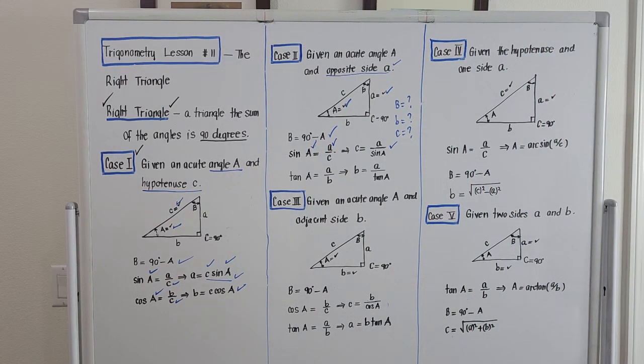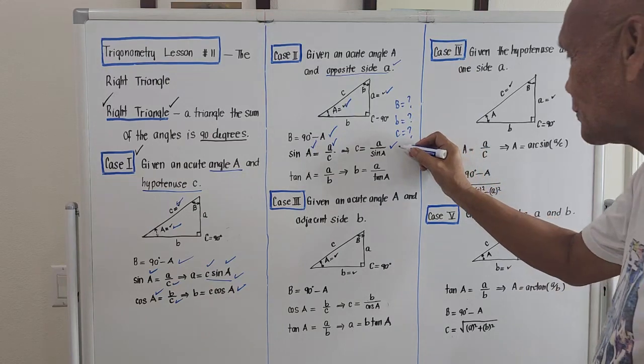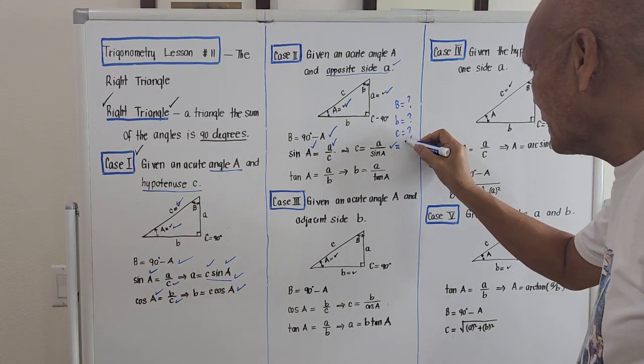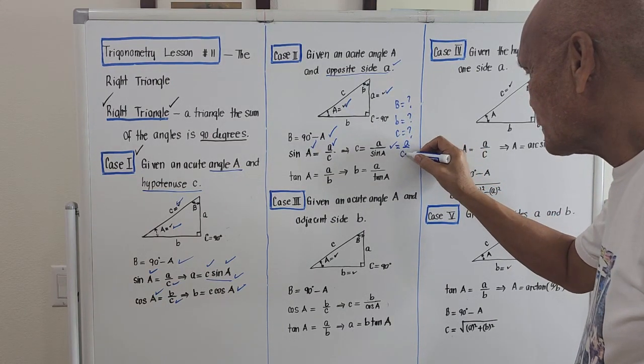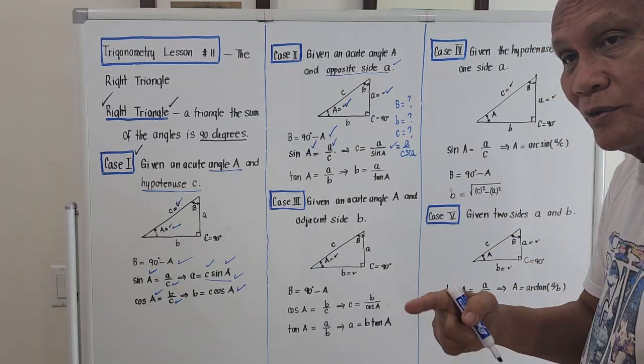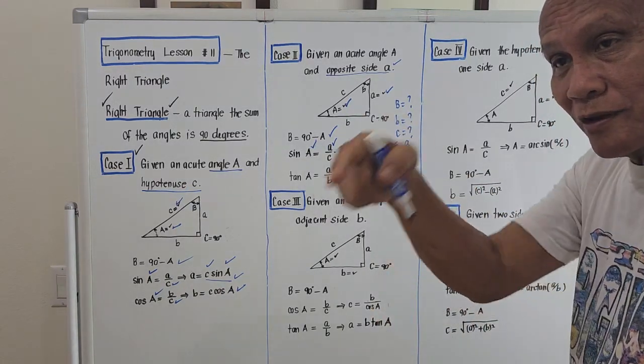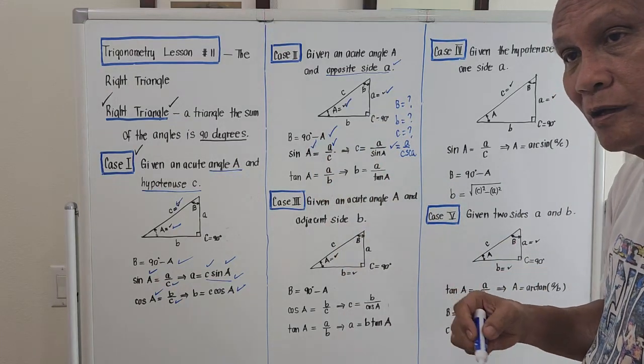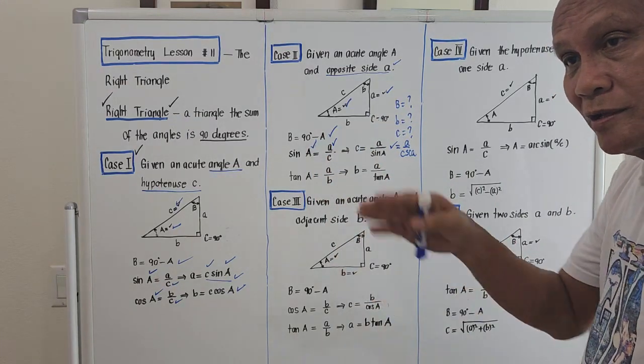Right? You can transform this to be A over cosecant of A. But actually, you cannot compute for the value of cosecant of A from the calculator because the calculator only involves sine, cosine, and tangent.